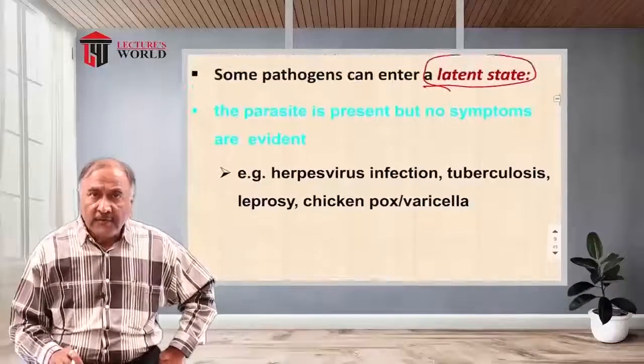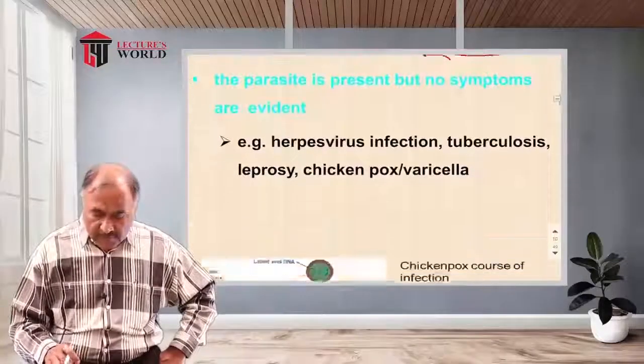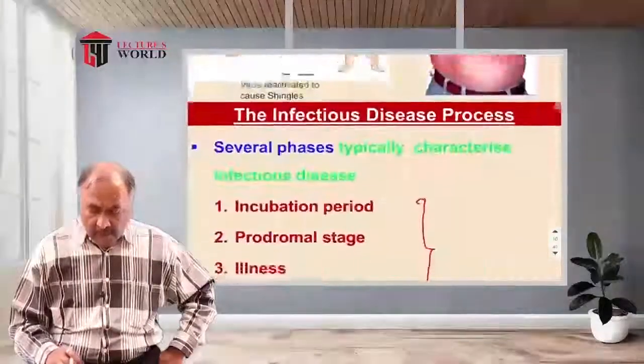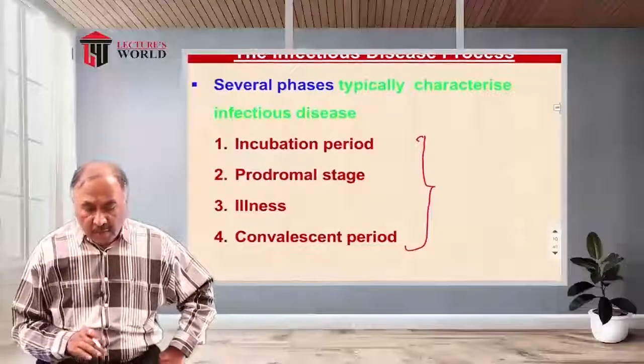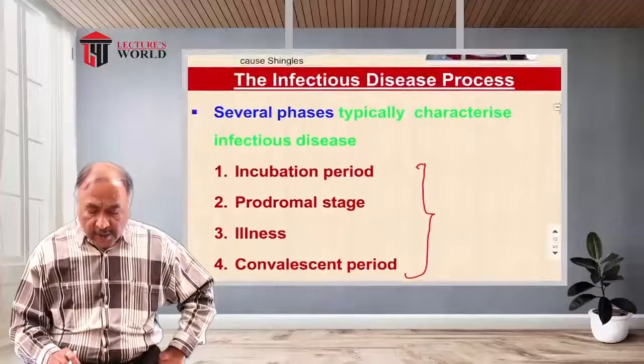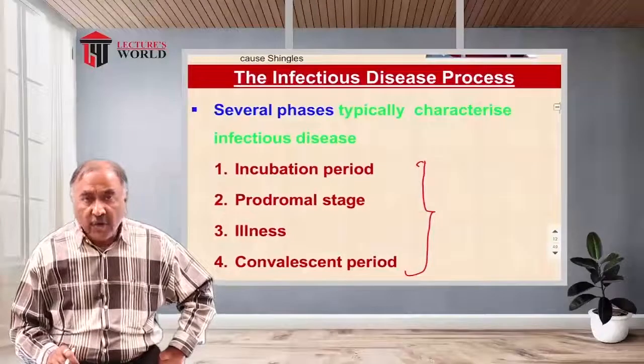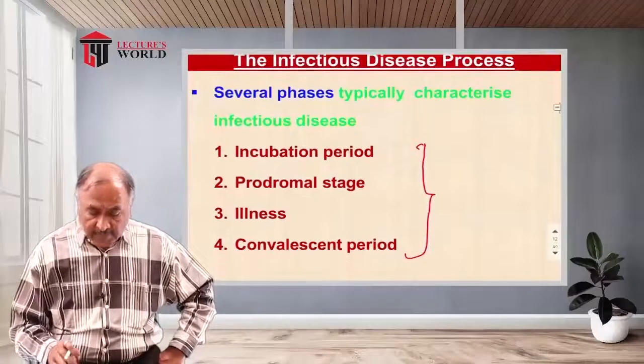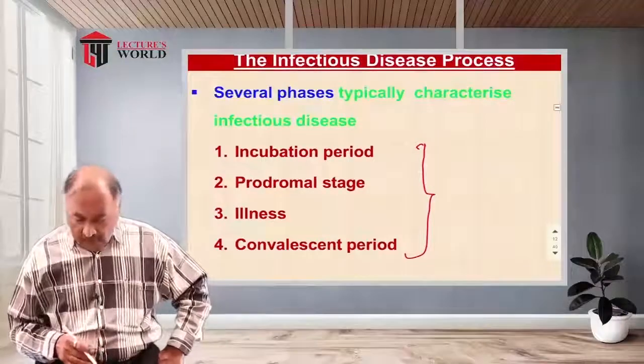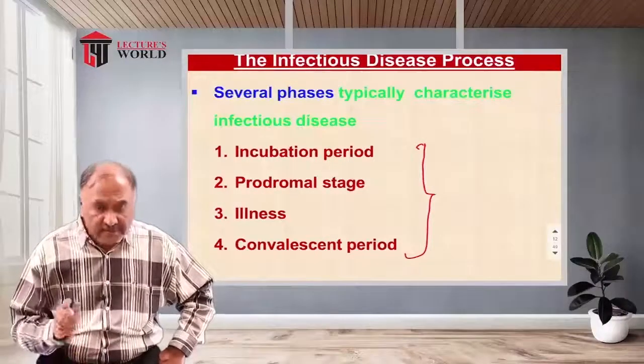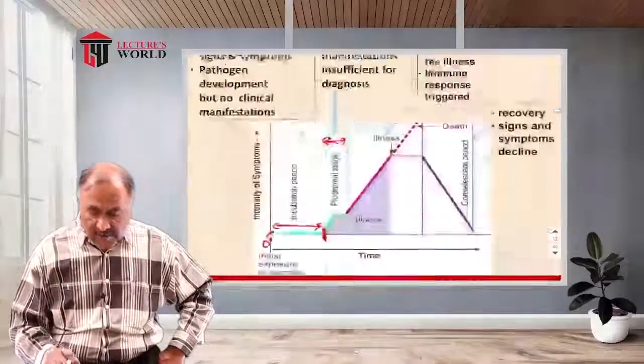What are the latent stages and what are the carrier stages? Clear? And finally, we also studied in detail the various stages of the disease process: incubation period, prodromal stage, actual period of illness, and convalescent period.